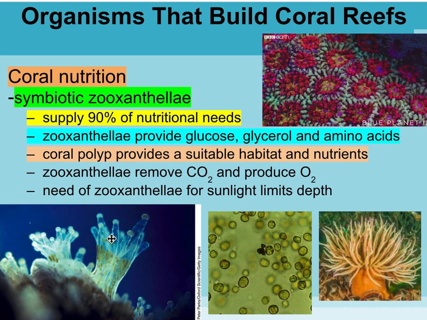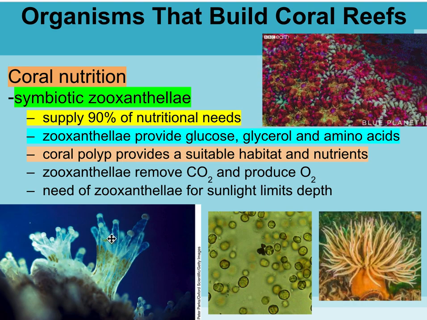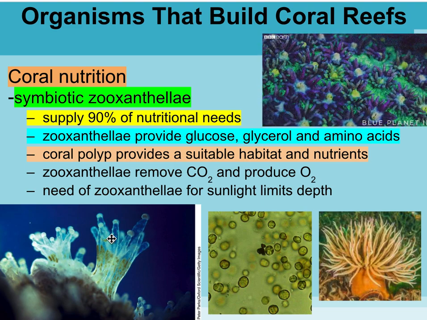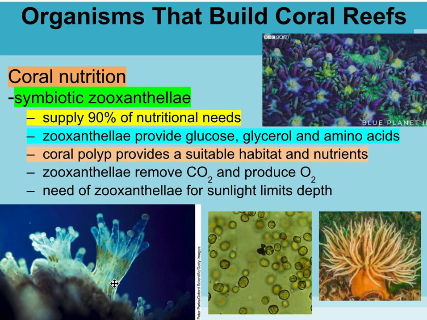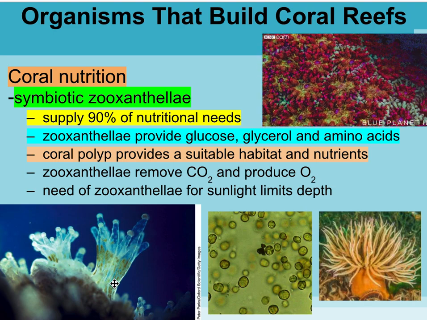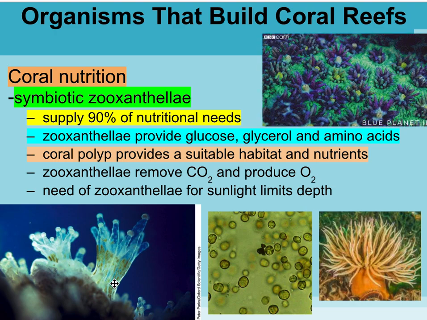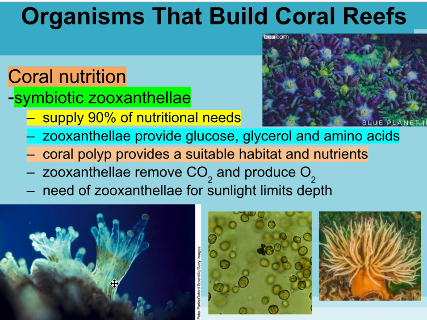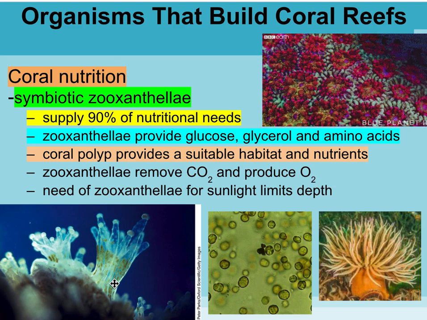When the zooxanthellae go inside of the coral, whatever color that zooxanthellae is, that's what color the coral is. So the coral that was clear before, if it takes on a pink zooxanthellae, it is now pink. If it takes on a purple zooxanthellae, it is now purple. So it's the zooxanthellae that gives the coral its color.